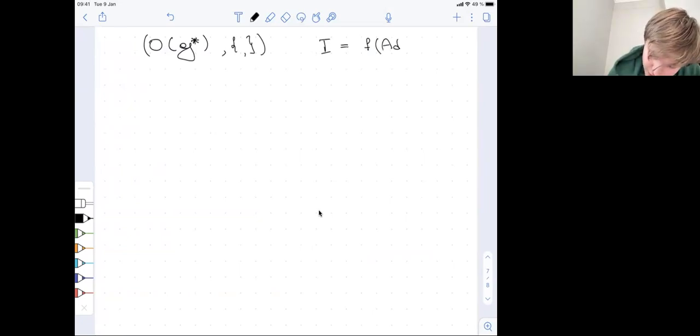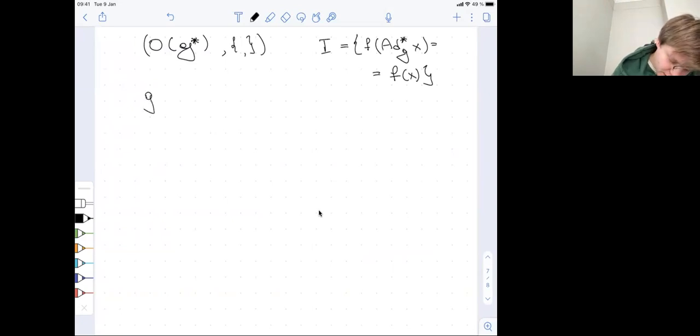So you have adjoint G star of x equals f of x. And if you take any function H in I, then it means that H commutes with anything. I mean, here I can take any function f from here.